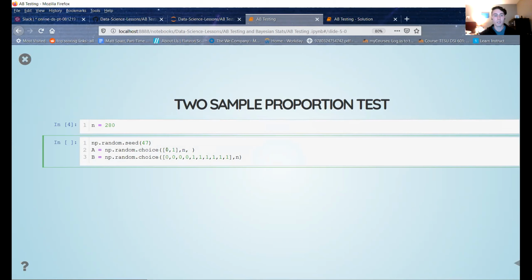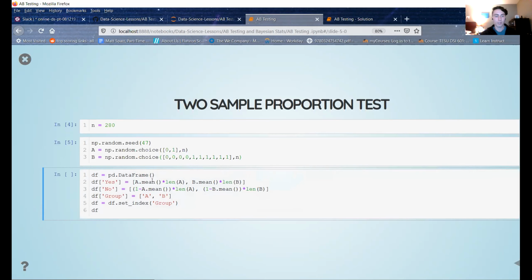So in this case, a 0 will mean that someone visited and did not make a purchase, and a 1 will mean that they visited and made a purchase. So you can see here that A, which will be the old layout, will basically just have a 50% chance, but then group B will make it so that it's likely to have a greater than 50% chance of making a purchase.